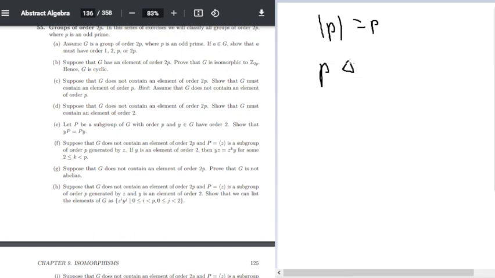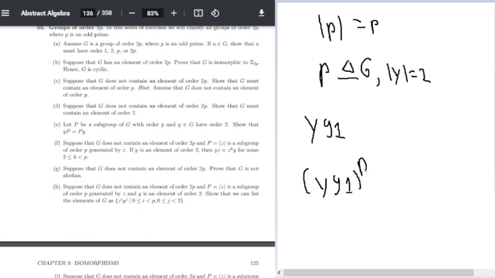So P is a subgroup of G of order p, and y in G has order 2. Y is an element that has order 2. Order y equals 2. And suppose that we have an element g1.